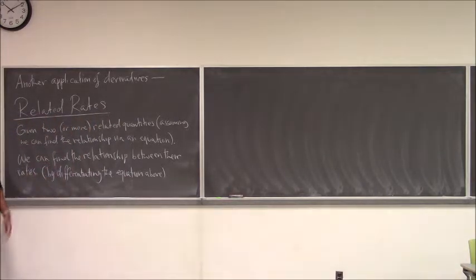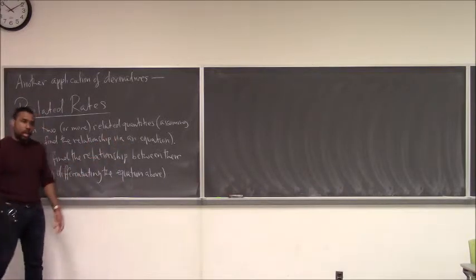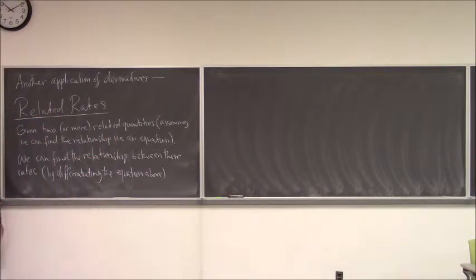So I have two quantities that might depend on each other, they affect each other. And assuming that we can come up with an equation that tells us how these two quantities are related, it turns out that we can figure out how their rates of change are related by simply differentiating that original equation. So if I know the rates of change of one, I can figure out the rates of change of the other one.